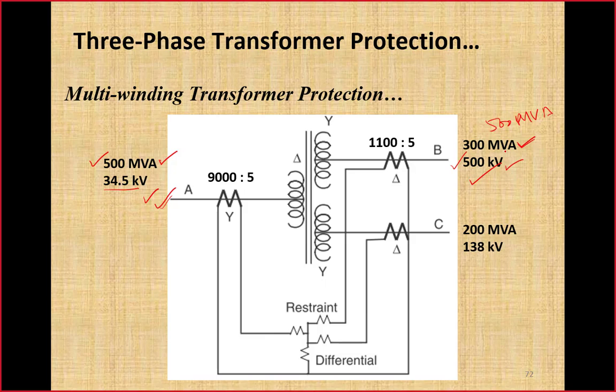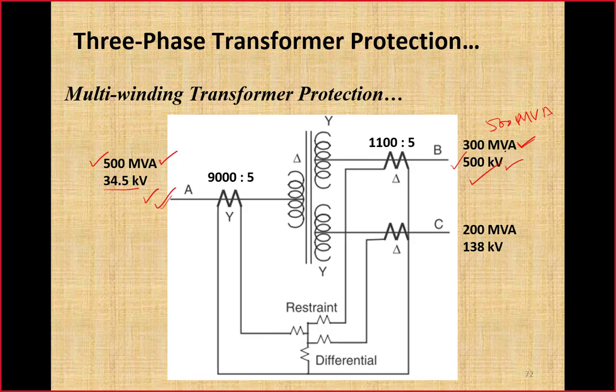Now come to the third winding, winding C. For the CT selection there, we have to assume that either winding B or winding A is out of service. So let's make winding B out of service.